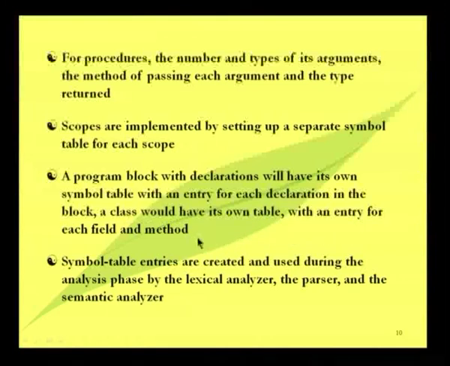The symbol table entries are created by the lexical analyzer, the parser, and even the semantic analyzer, but the remaining phases use the symbol table as a tool just for lookup. So that is about symbol table management. The symbol table is a very important component of program compilation.